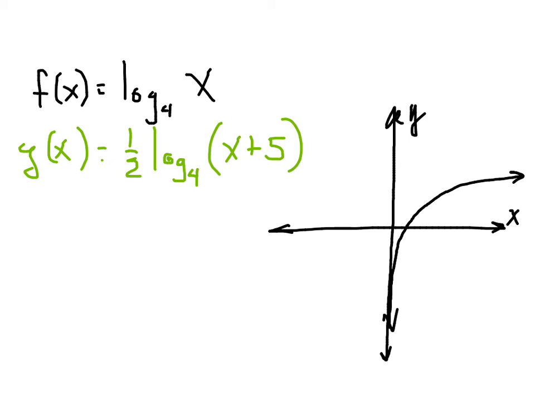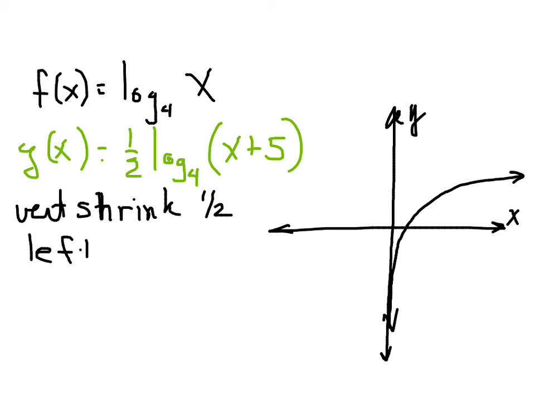So what transformations take place? We got a vertical shrink by half, and left 5, because it is in parentheses. If it wouldn't have been in parentheses, that would have been an up 5. So be careful. If I shrink something vertically, that means it's going to get tighter to the x-axis.